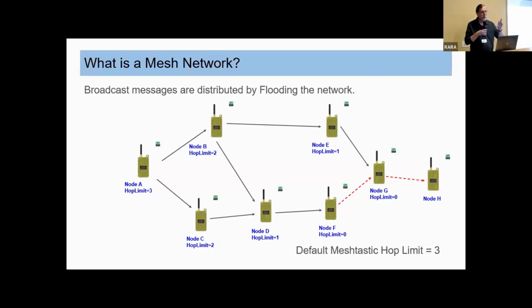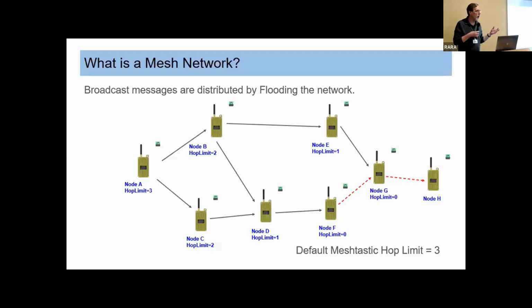So node A sends that message out, and in this example, it can talk to two other nodes. And again, that just happens to be how the topology of this mesh works. So it gets to node B and it gets to node C.